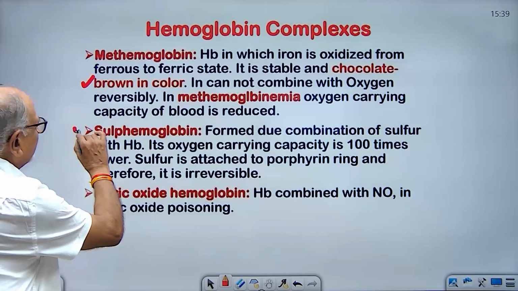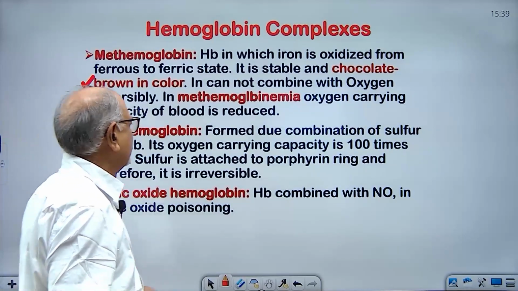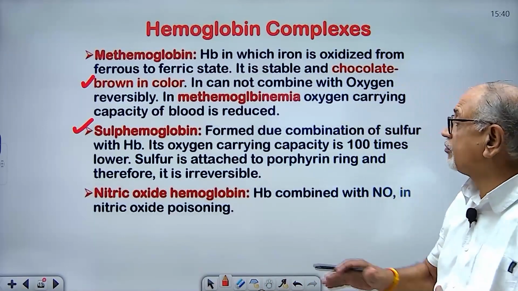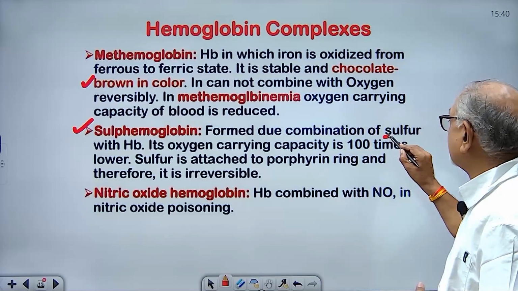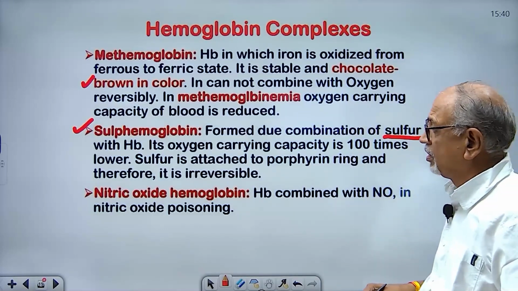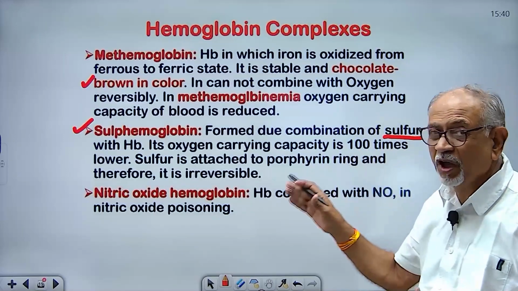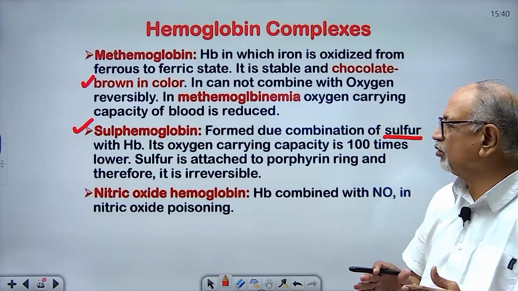The second one is sulfhemoglobin. It is due to combination of hemoglobin with sulfur. Its oxygen carrying capacity is 100 times lower than normal hemoglobin.